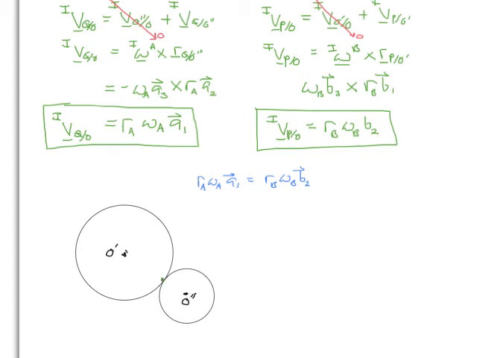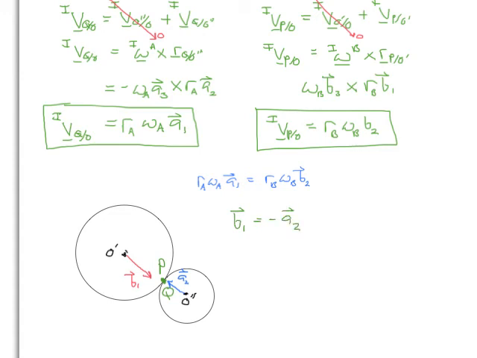When point P and point Q are the same point, in contact with each other, when they align, then the vector B1 is pointing toward P from O prime to P, and the vector A2 is pointing from O double prime to Q. And so we see from this that B1 is equal to negative A2.